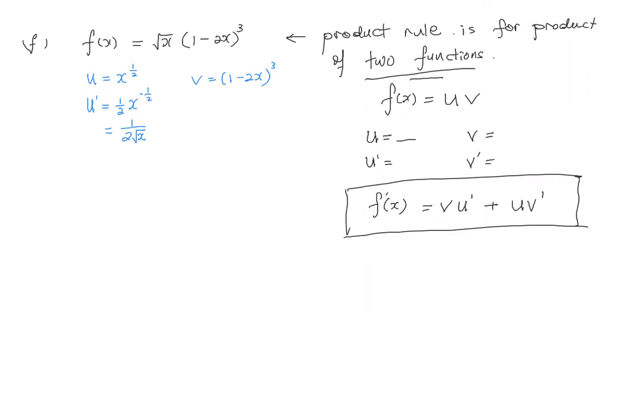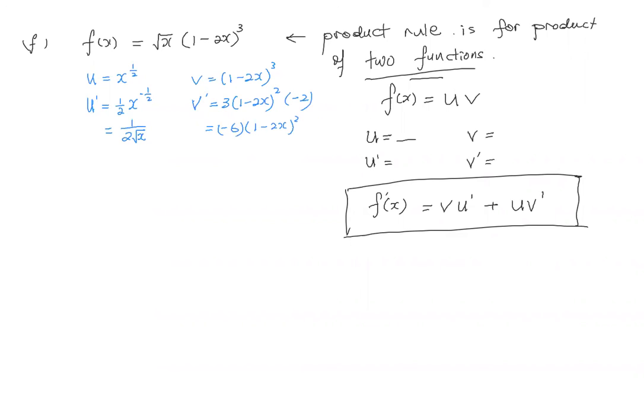So Shafika, what is v prime? 3 bracket 1 minus 2x squared multiplied by negative 2. Good. If I want to simplify further, I can write negative 6, open bracket, 1 minus 2x squared. I usually will bracket this up as well.